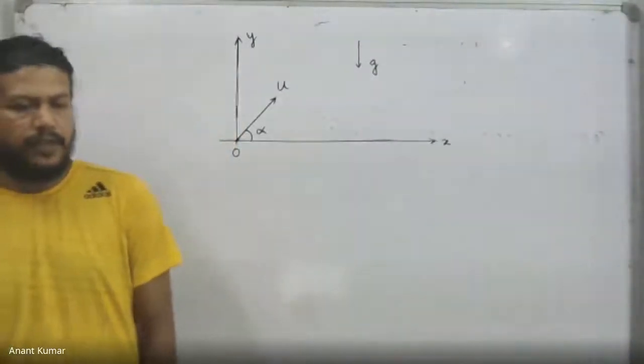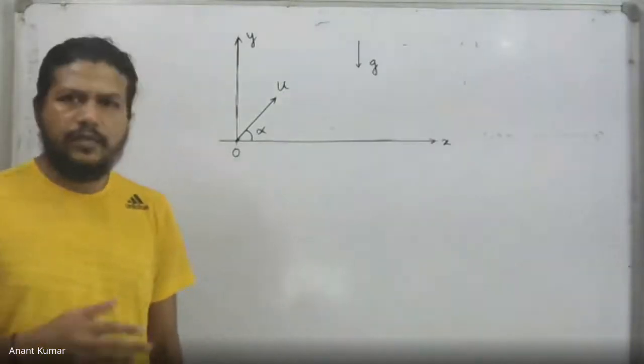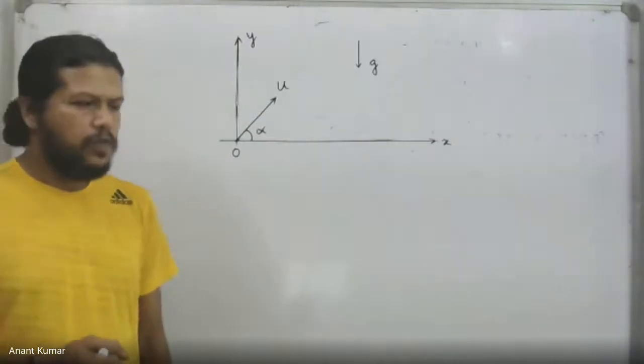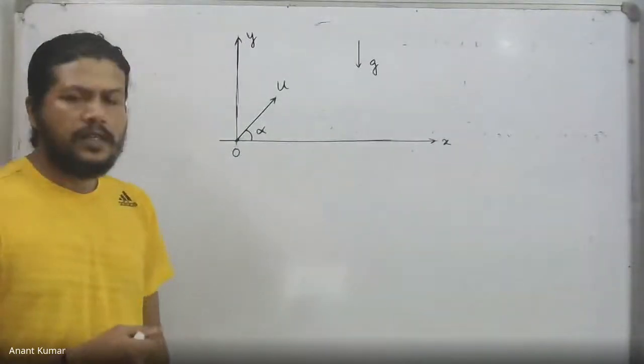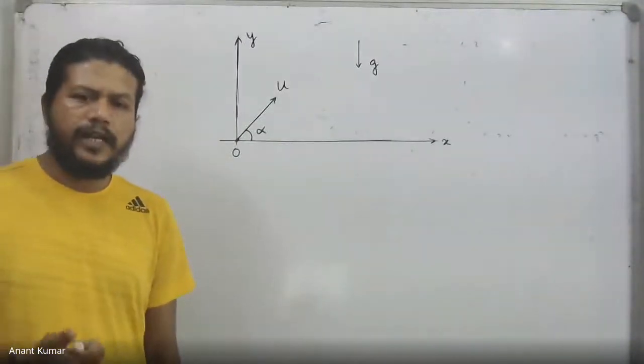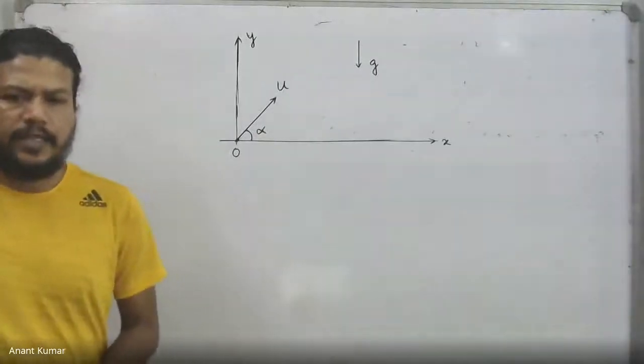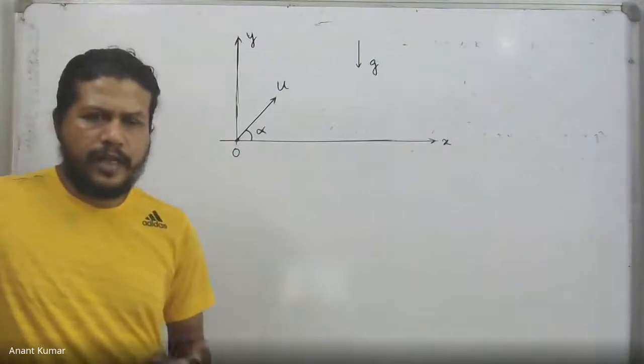In a similar fashion, in any direction, the change in velocity will be determined by the acceleration in that direction. So in this case, there is only one acceleration, which is g, along the vertical direction, along the y-axis. There is no acceleration along the x-axis.